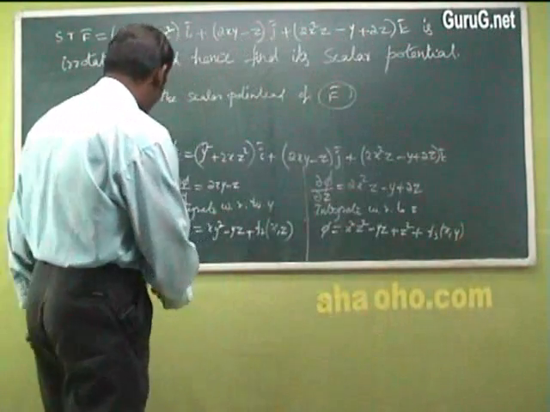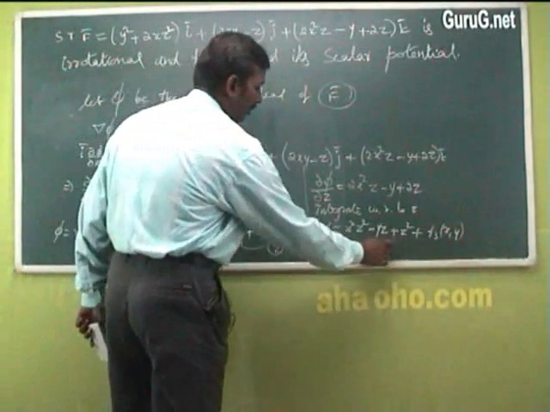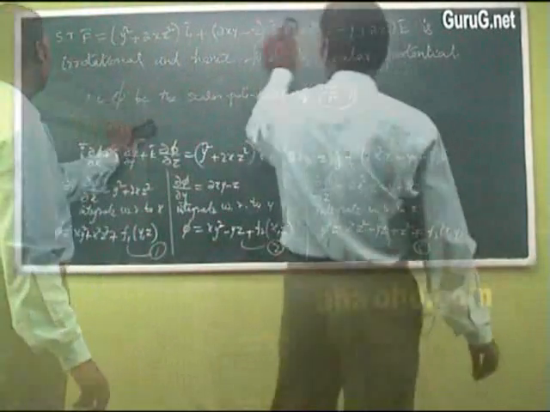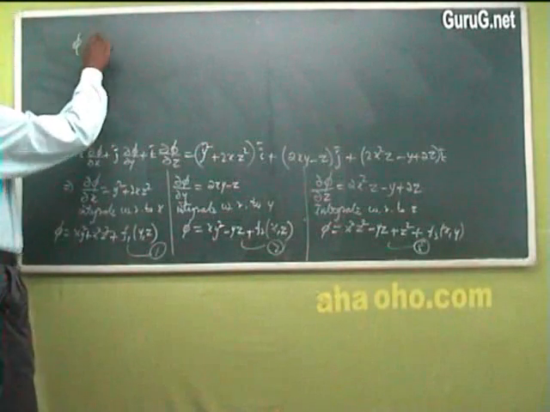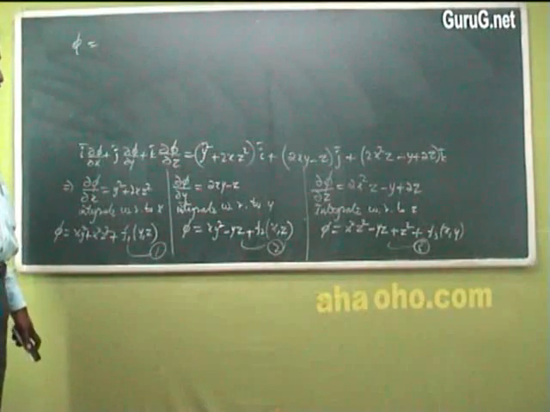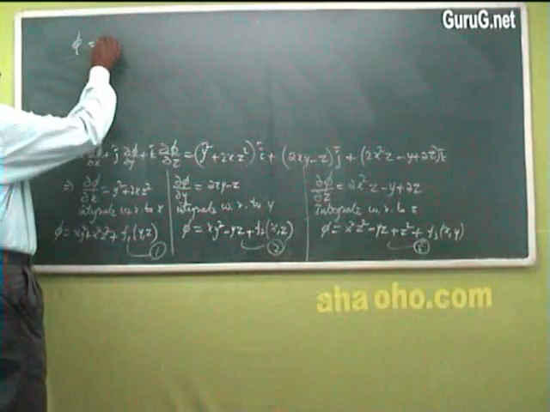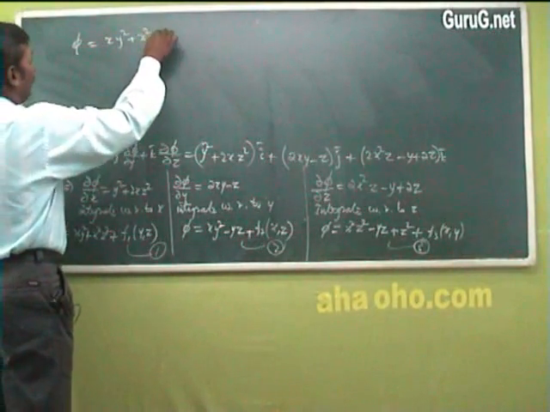So from 1, 2, 3, how can we write phi? You write all the terms in equations 1, 2, 3. If any term is repeated, write it only one time. First write these two expressions, xy squared plus x squared z squared.